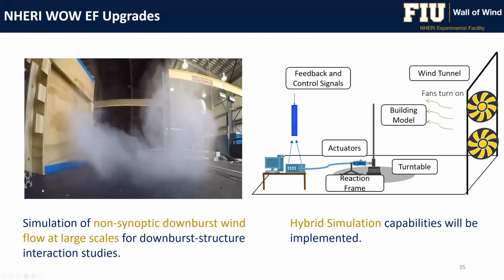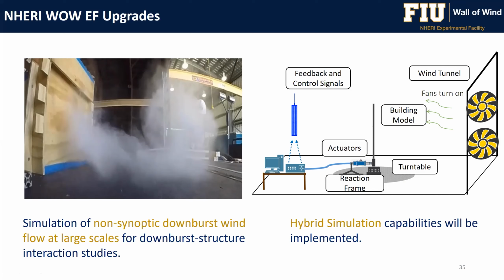This is not a video, it's just a photo here on the left showing the simulation of the non-synoptic downburst flow. We're currently building the full-scale downburst simulator at the Wall of Wind. We plan to test that next month, characterize the results and publish in 2 or 3 months. This is non-synoptic wind, which means it's local in time and in space.